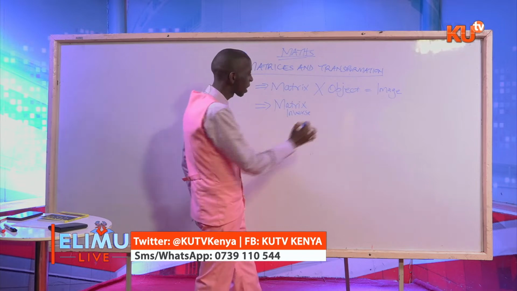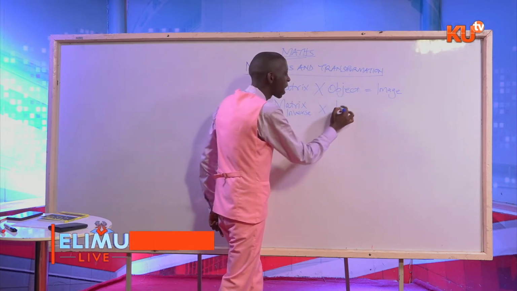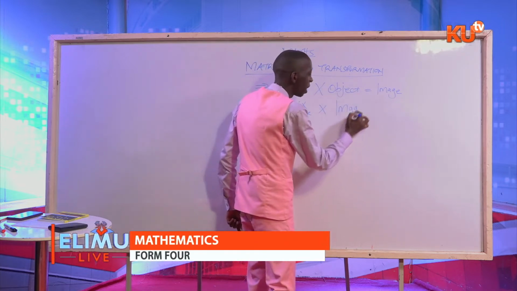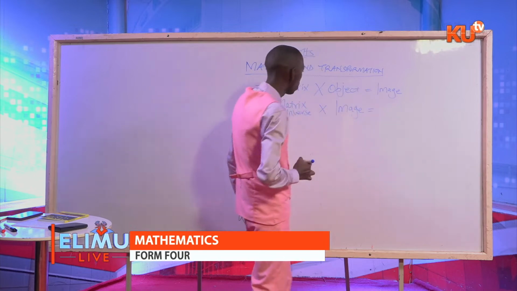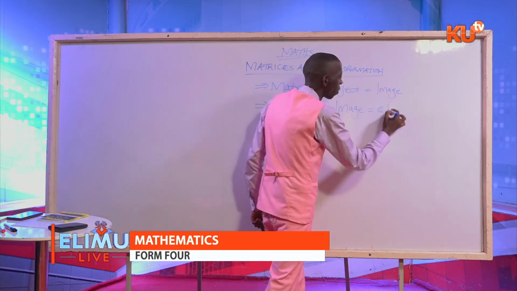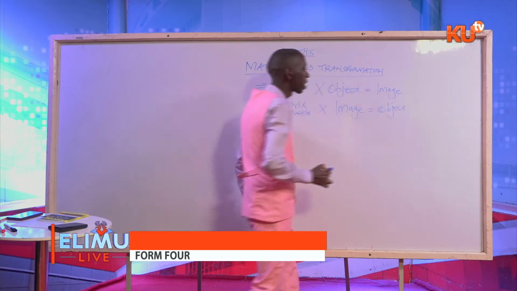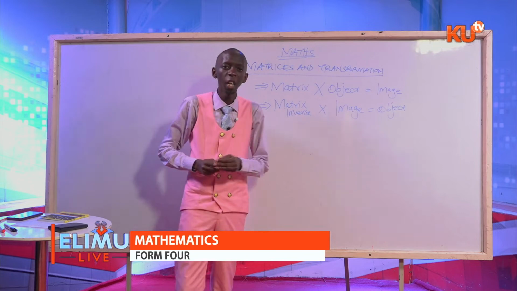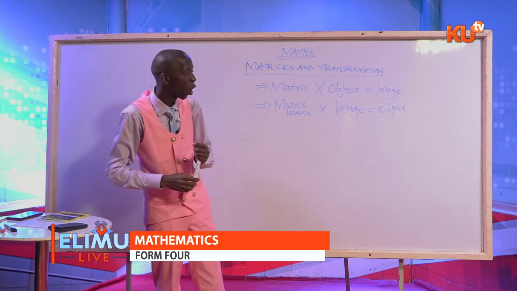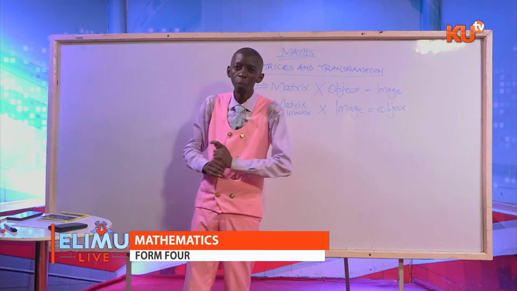Matrix inverse multiplied by the image will give us the coordinates of the object.